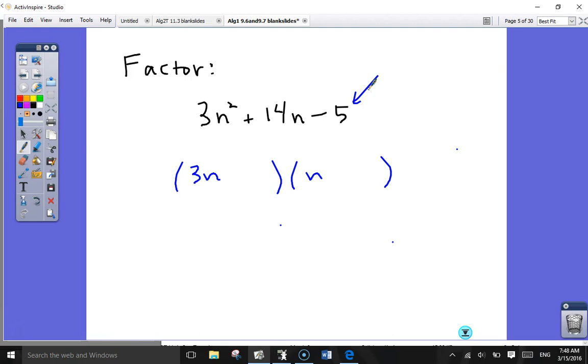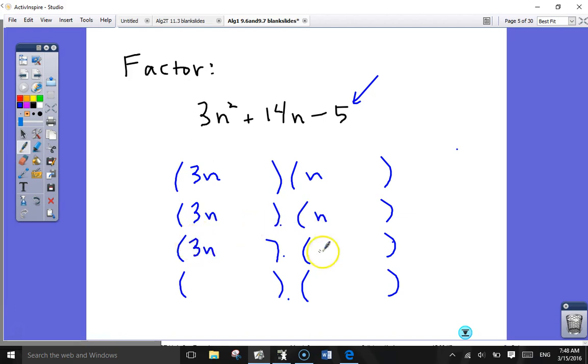So at this point it's going to be a little bit of guessing and checking. What should the next one be? Again, there could be 4 different solutions here. All of them are going to start with 3n, n, 3n, n, 3n, n.